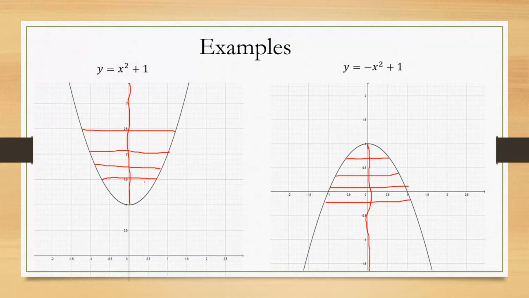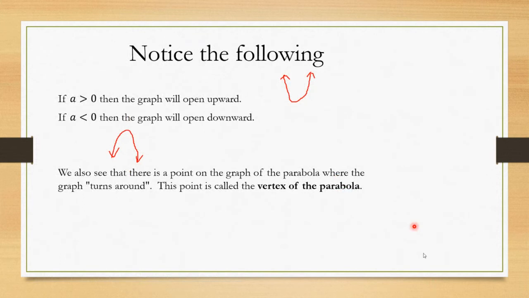It's going to open upward. Whereas a is negative, it opens downward like this. Okay? As you can see. So if a is positive, it's going to look something like this. If a is negative, it's going to look something like this. The arrows may not be drawn, but it's understood the graph keeps on going.